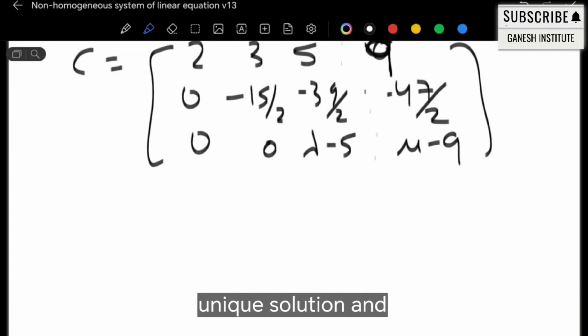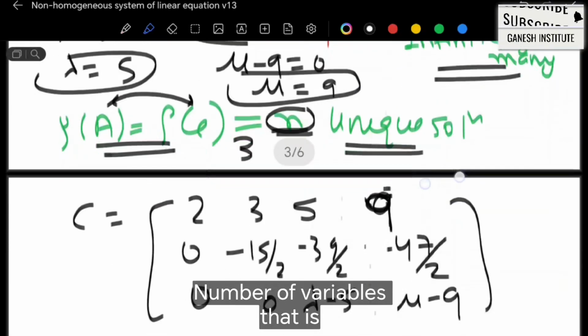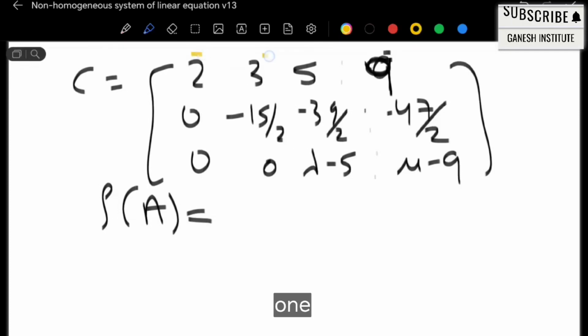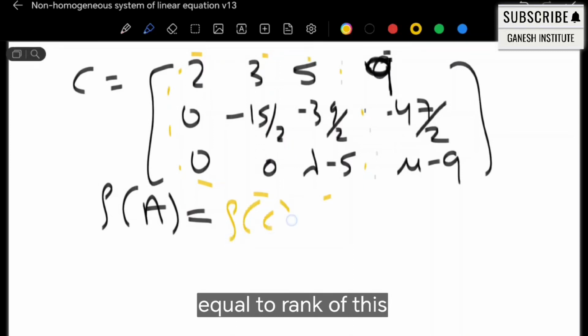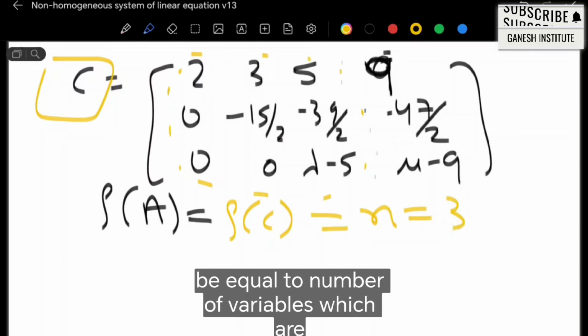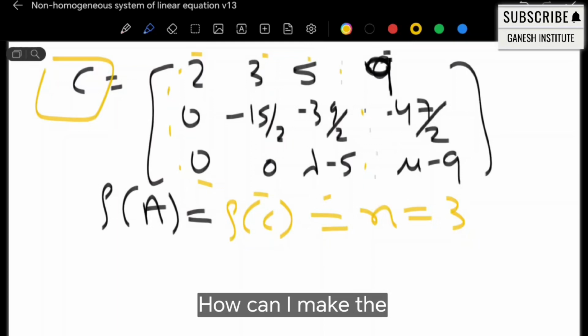Now I want unique solution. And unique means the rank has to be equal to number of variables. That is rank of A, A is this one, is equal to rank of this C. And it has to be equal to number of variables, which are 3: X, Y, Z. How can I make the rank of C as 3?